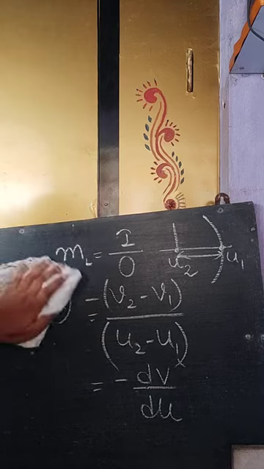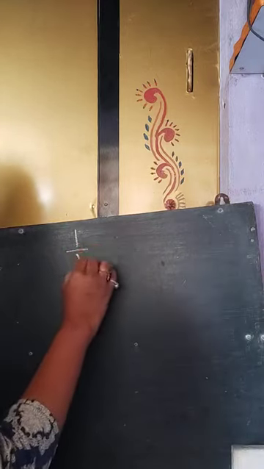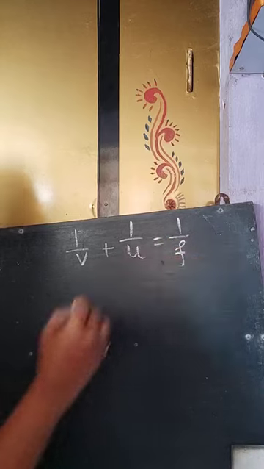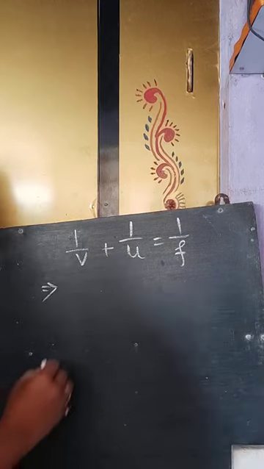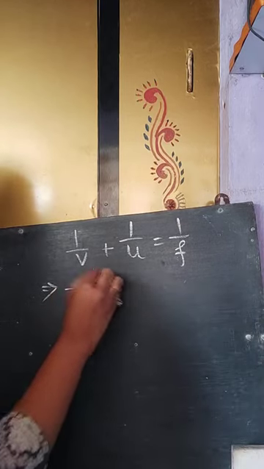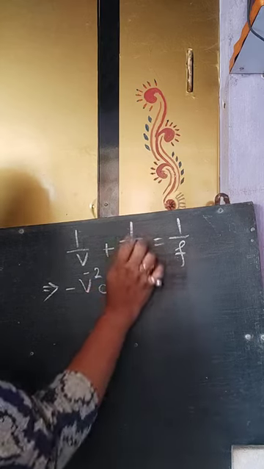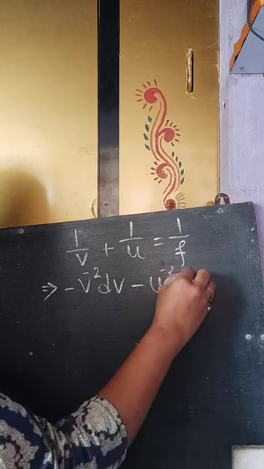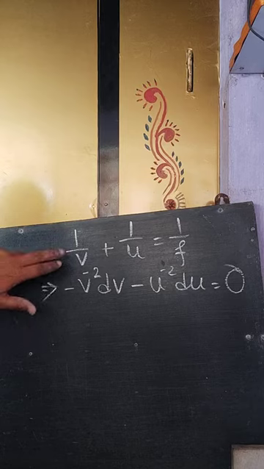Now, according to the mirror equation, 1 by V plus 1 by U equals 1 by F. Differentiating, we get minus V to the power minus 2 dV minus U to the power minus 2 dU equals 0.